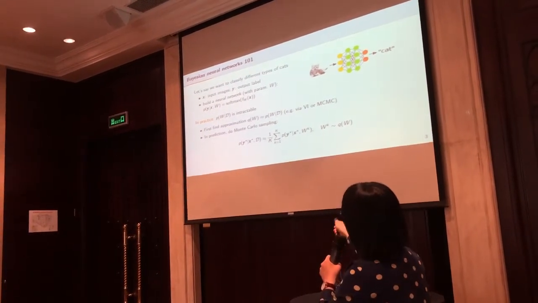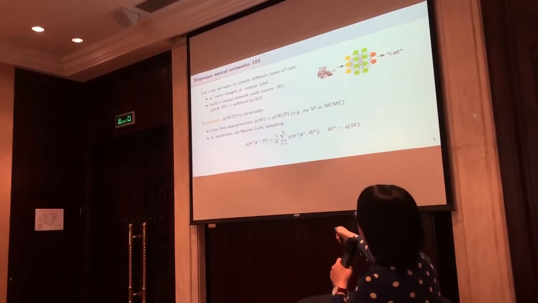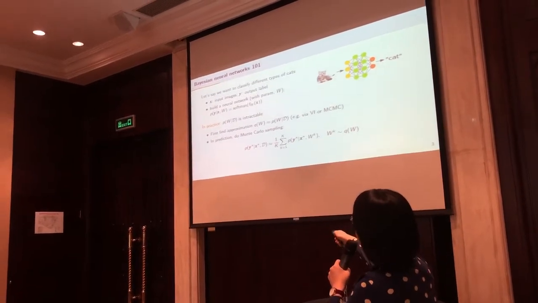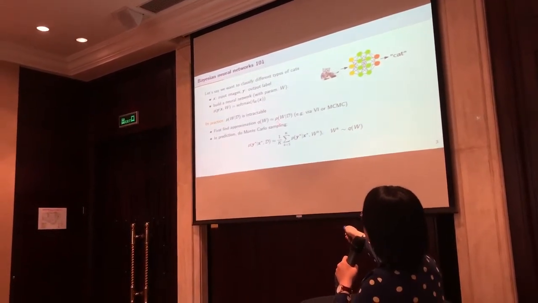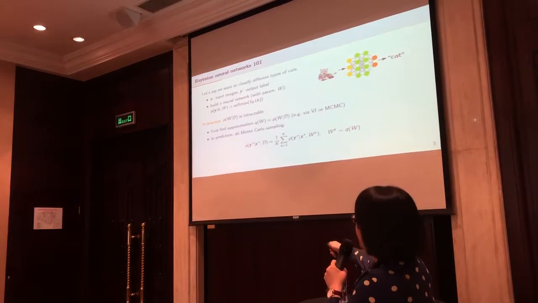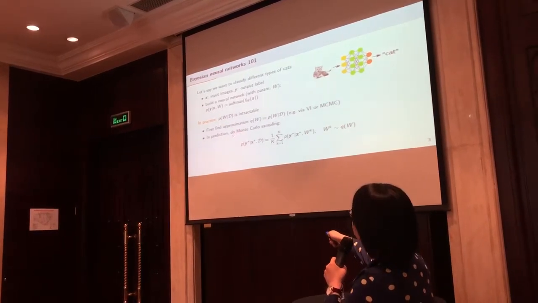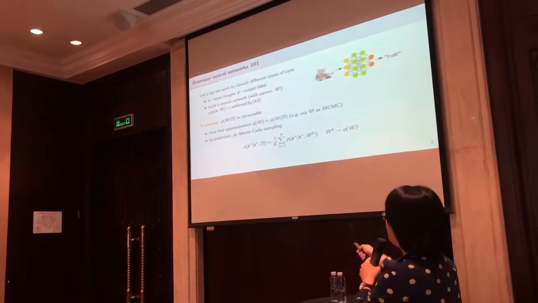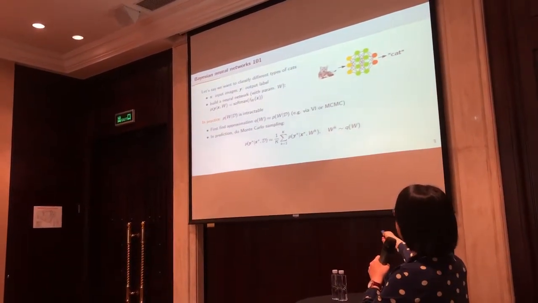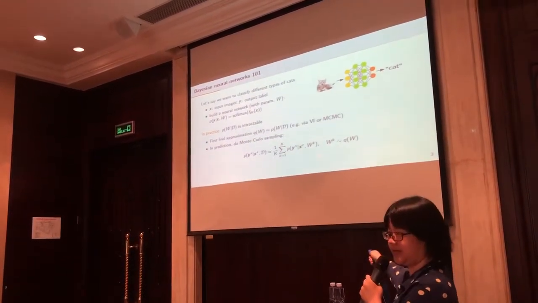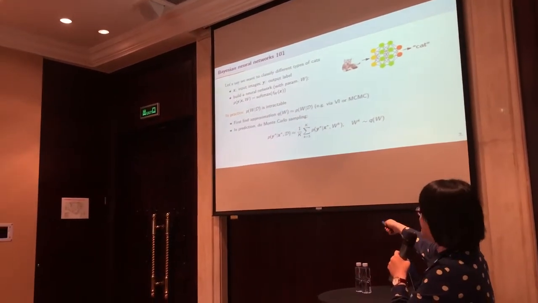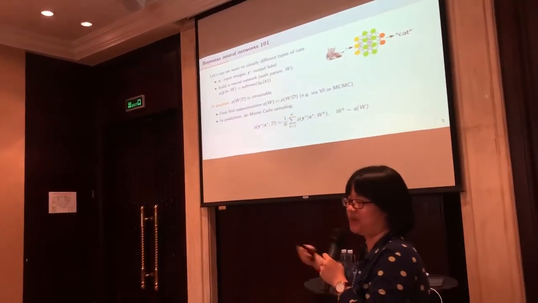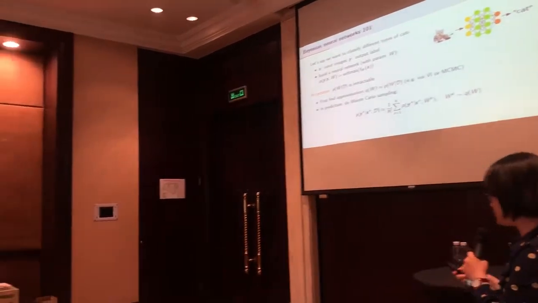Then at prediction time, you replace the exact posterior with the approximate posterior, and you do one more step to mitigate the difficulty of integration, which is Monte Carlo sampling. You get some samples from your approximate posterior and average over them to get the approximate Bayesian predictive distribution.